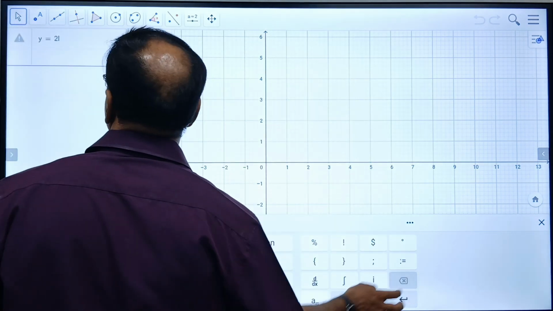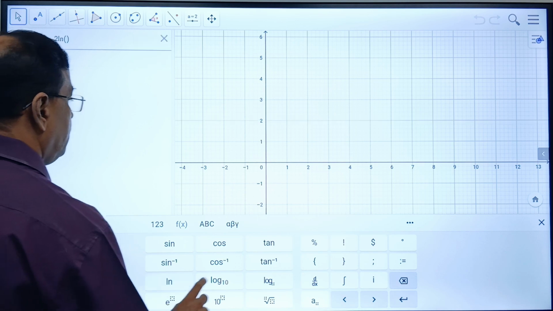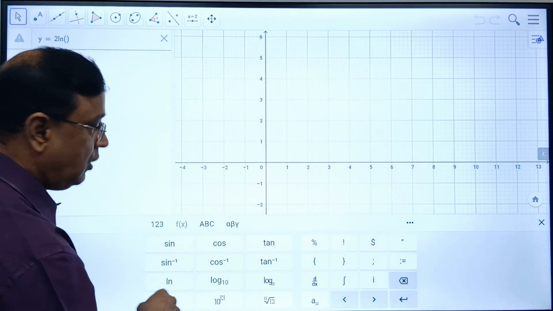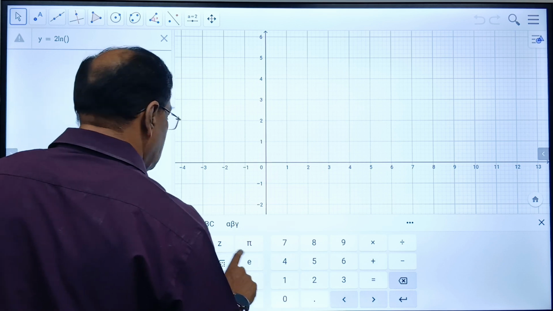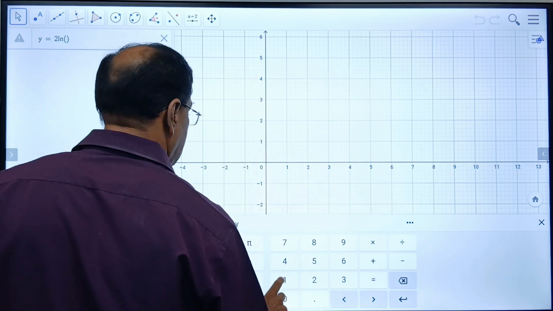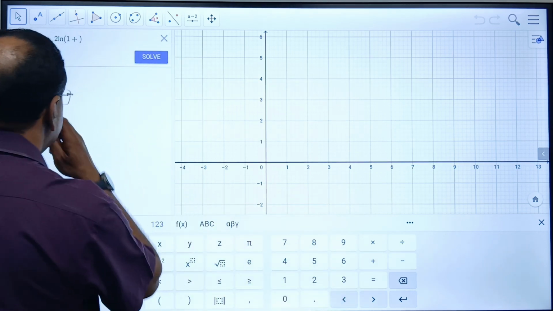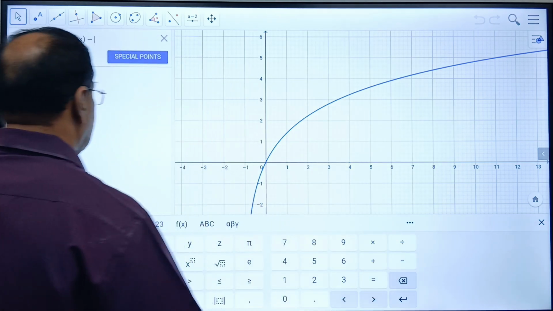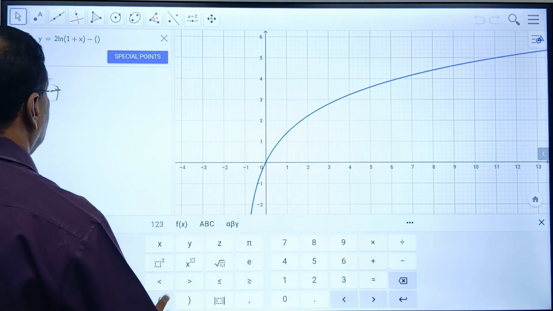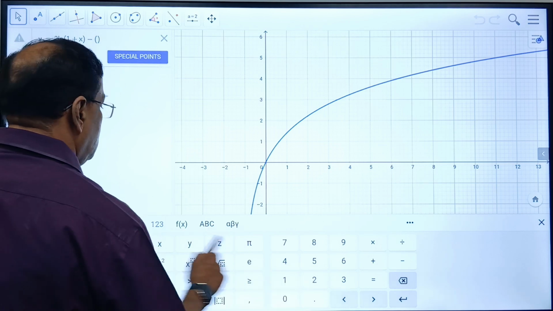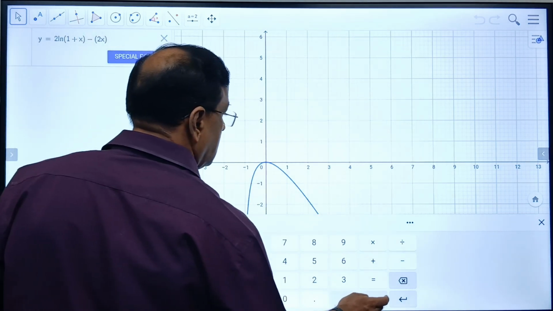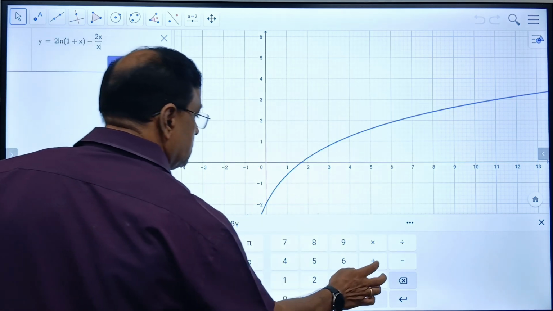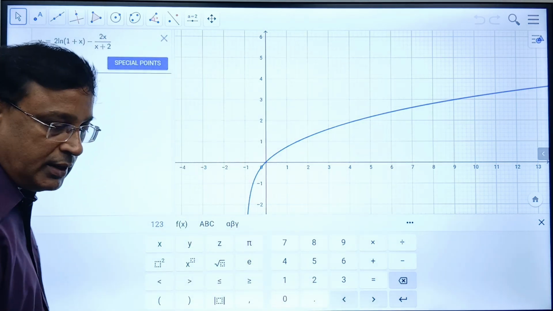I'll change this, it should be natural logarithm, so I'm putting ln.